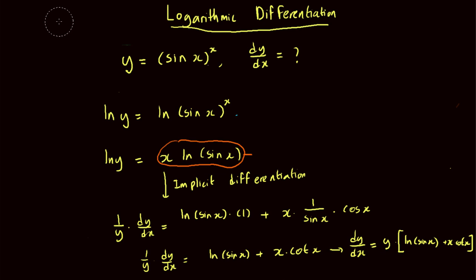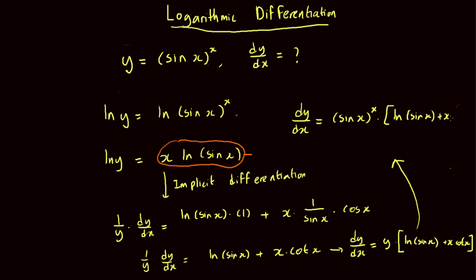Therefore your dy dx would be, y is what? Y was just sine x to the power of x multiplied with ln sine x plus x cotangent of x.